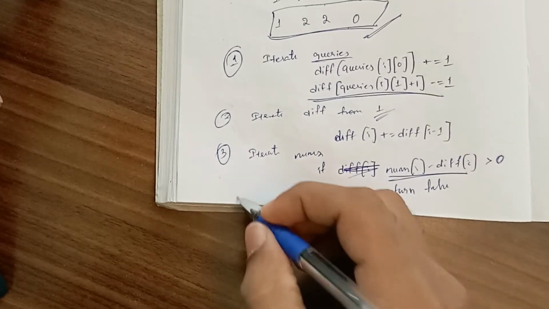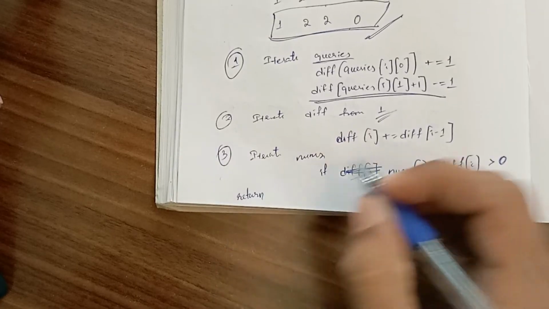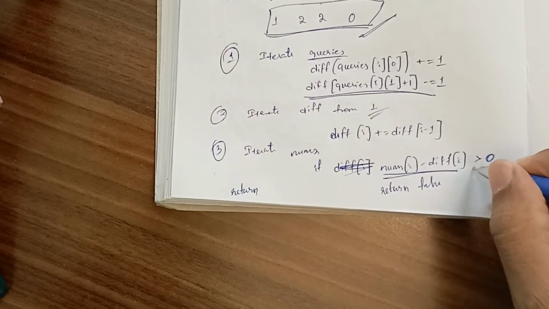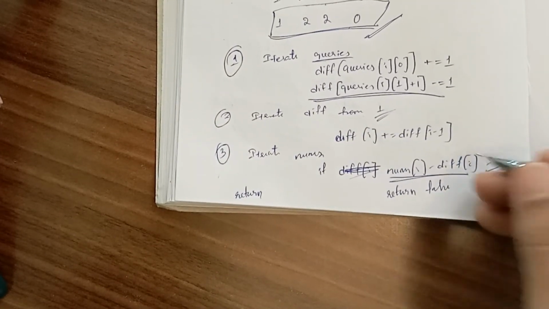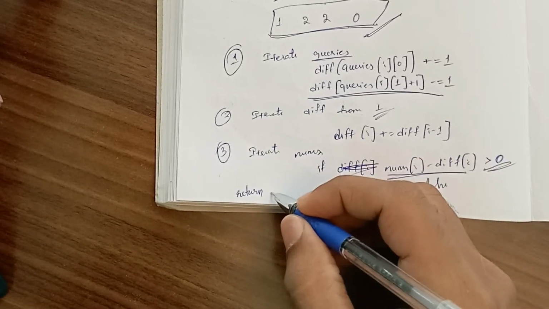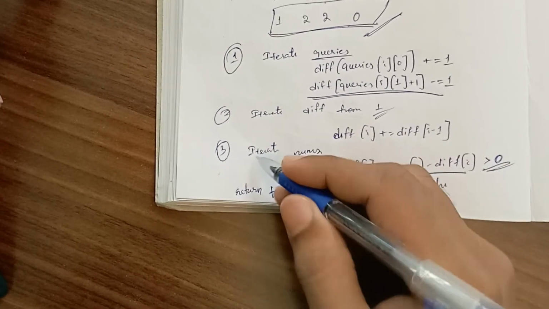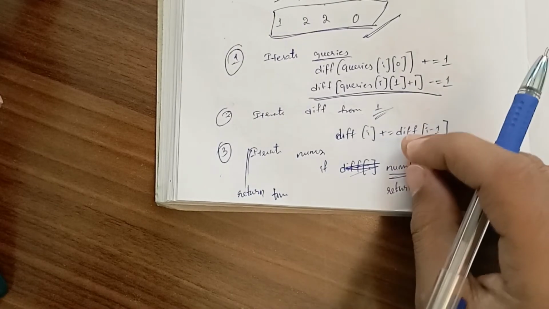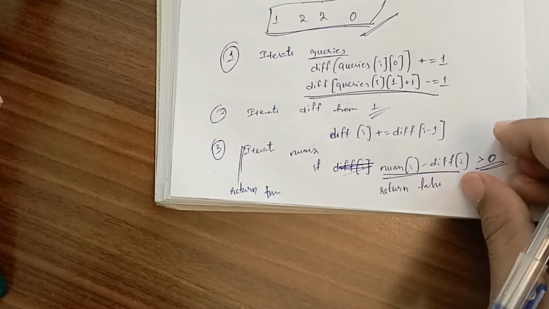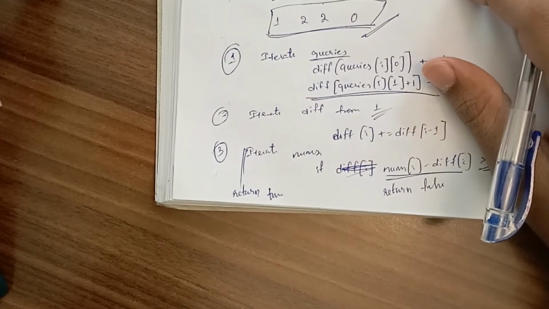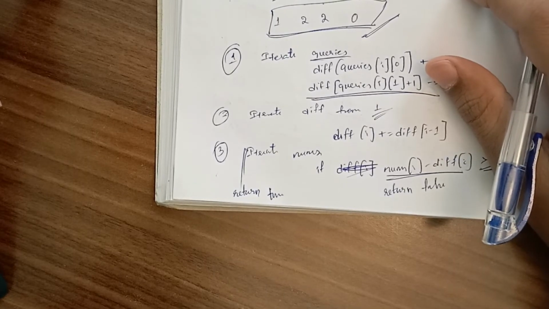So after the iteration we will return true, as all the elements have the difference less than or equal to 0. You will be getting the code in the description. This algorithm is called the sweep line algorithm.